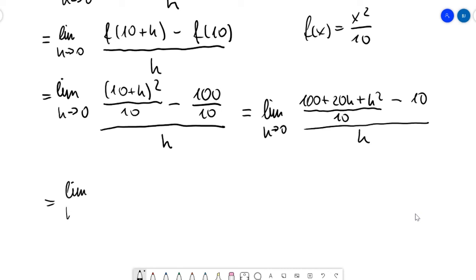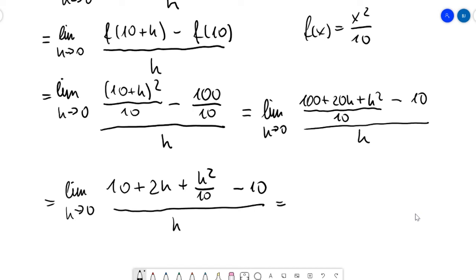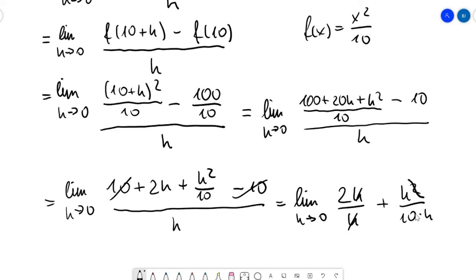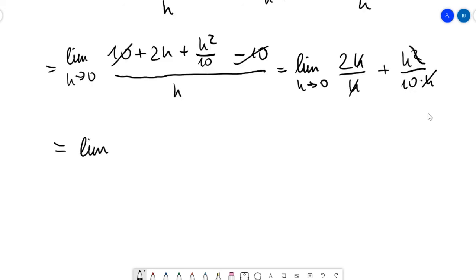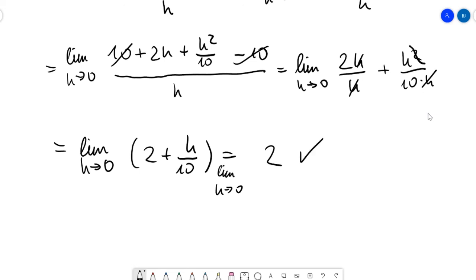This gives us 10 plus 2h plus h squared divided by 10, minus 10, and everything divided by h again. The 10s cancel out, so we have 2h divided by h, which cancels out, plus h squared divided by 10 times h, which cancels out again. So we end up with the limit as h goes towards 0 of 2 plus h divided by 10, which gives us 2, which is the correct slope.